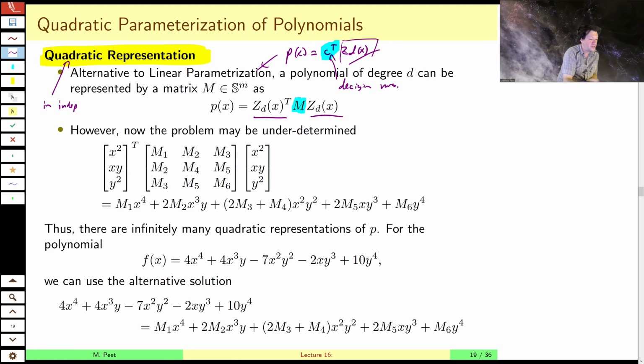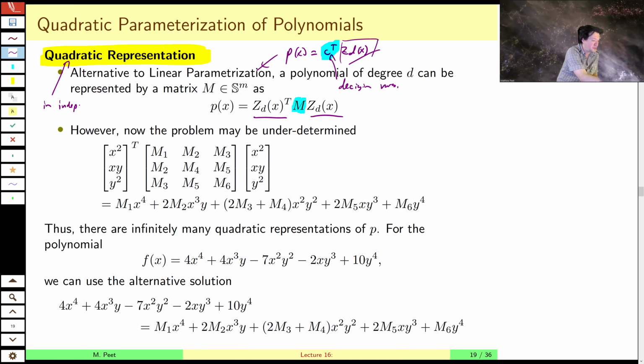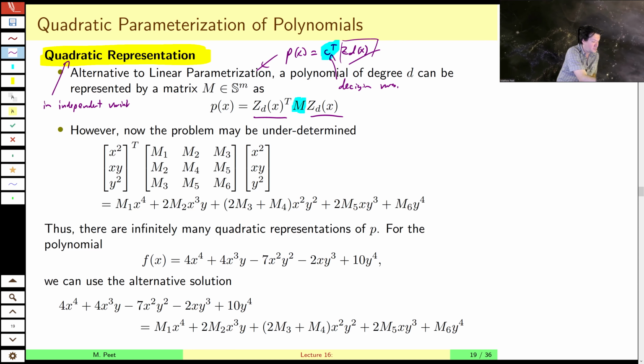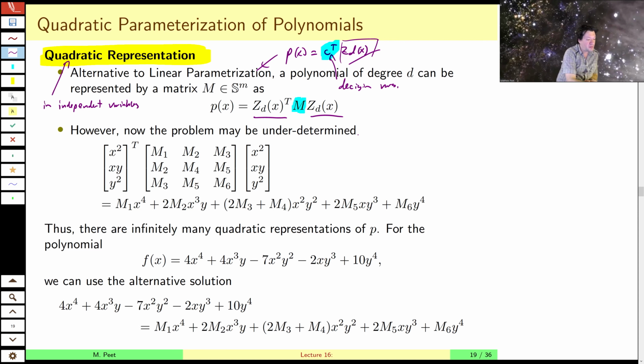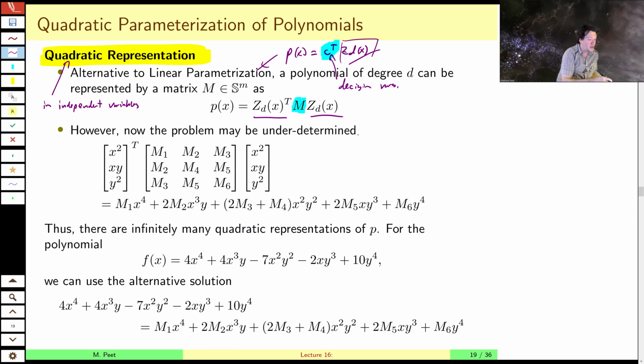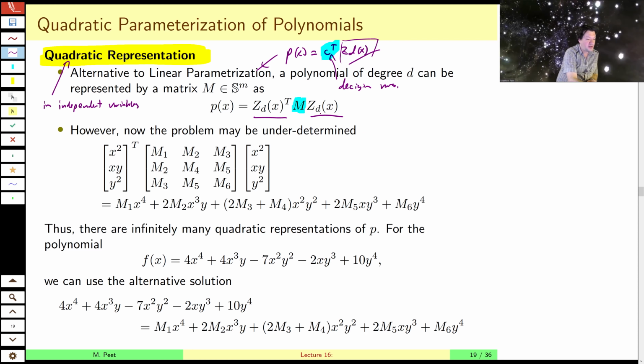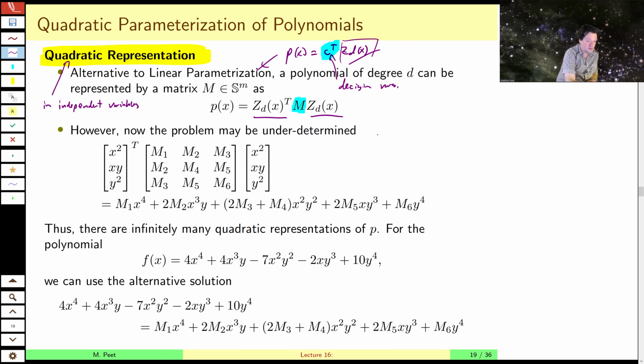And of course, if we don't have any decision variables, then the quadratic name makes a little bit more sense. Any polynomial of degree, say, 2d can be represented in a quadratic form, where you just take all the monomials of degree d or less.